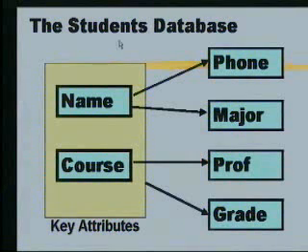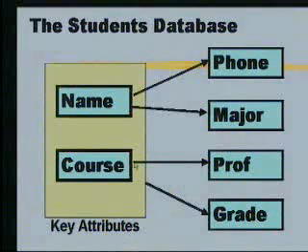That should be able to solve the problem in one sense, because we don't have to repeat the phone number and major whenever a tuple is to be added for a different course. Similarly, in all the places where, for a course, we are necessarily entering information about the professor.